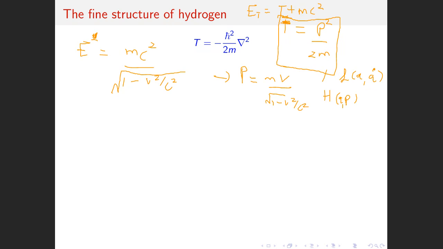So you have these two equations, and there's this q dot, which is the velocity, that you have to get rid of. The best way to do that is to square everything.